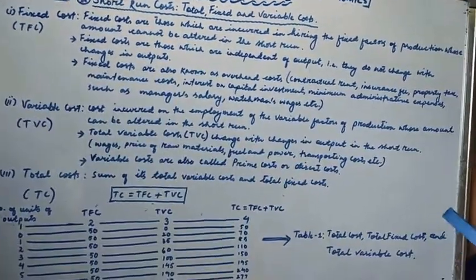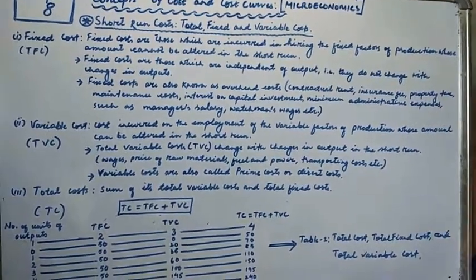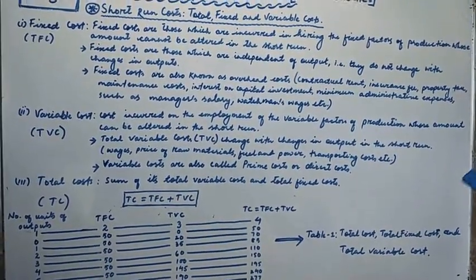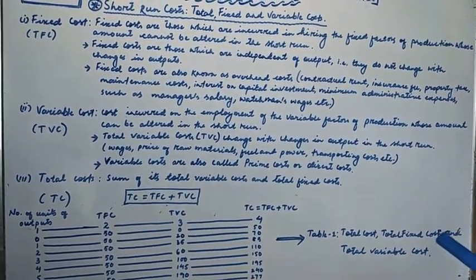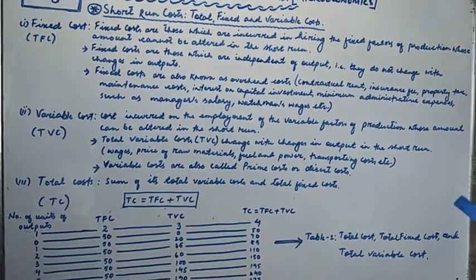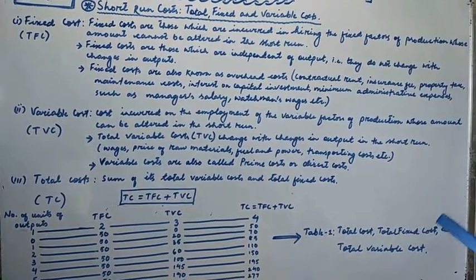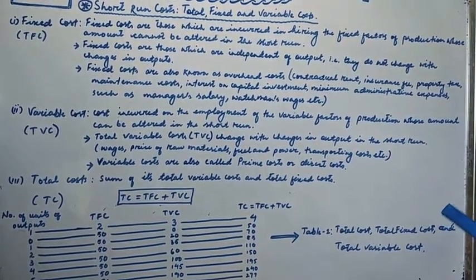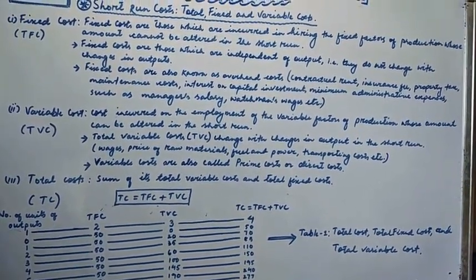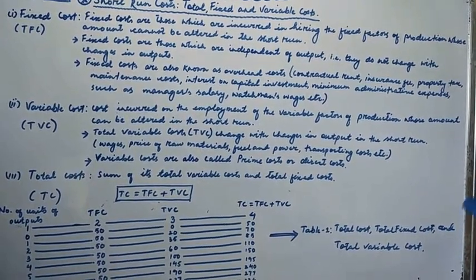So after explaining these differences, we are in a position to distinguish between fixed cost and variable cost. And when we count fixed cost and variable cost together, we get what is called the total cost of a business.